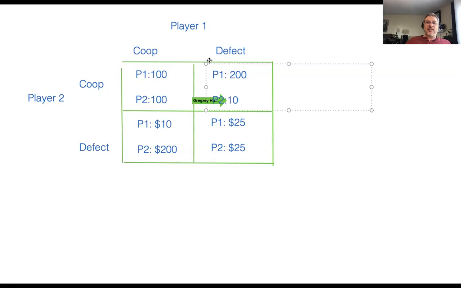So now if player one plays defect, then player two has a choice between cooperating or defecting, and defecting is better in both cases, right? So the payoffs that you get from defecting dominate the payoffs that you get from cooperating.